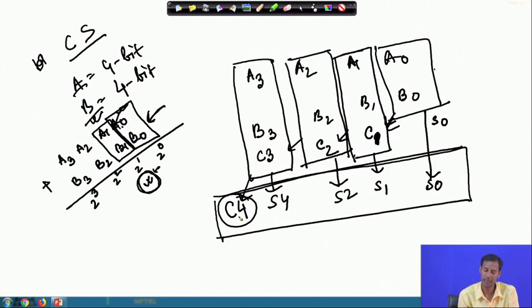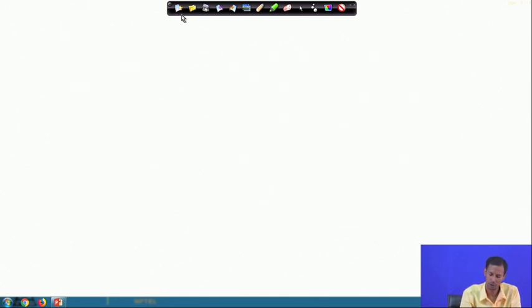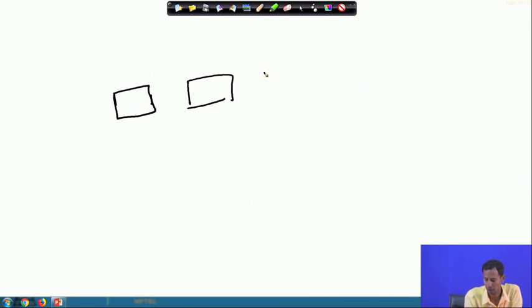So, here the point is that now if I draw this particular circuit for this addition operation, what do I need? If I draw the block diagram of this, how will it look?